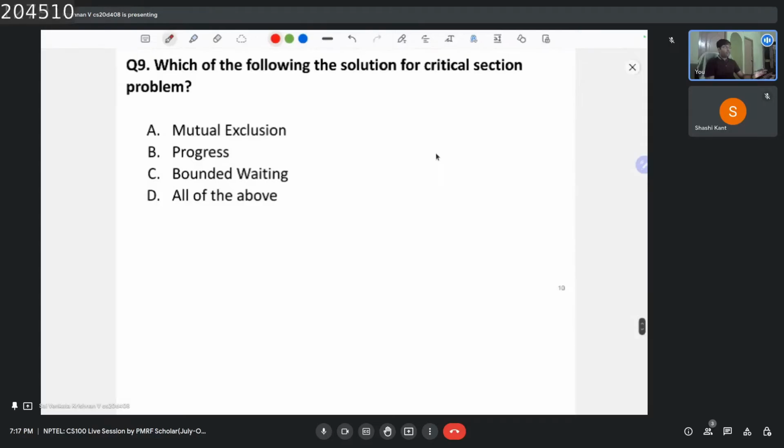Which of the following are the solutions for the critical section problem? Whether it's mutual exclusion or progress or bounded waiting.